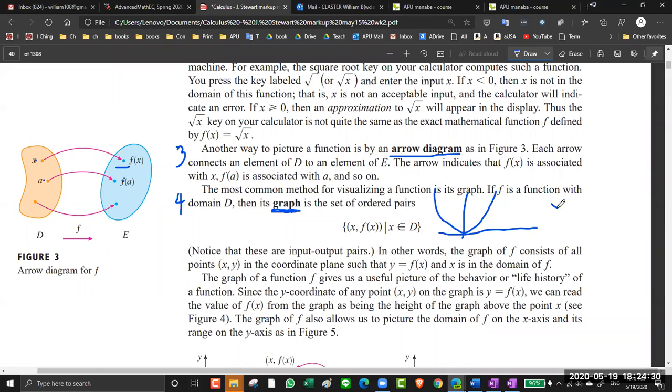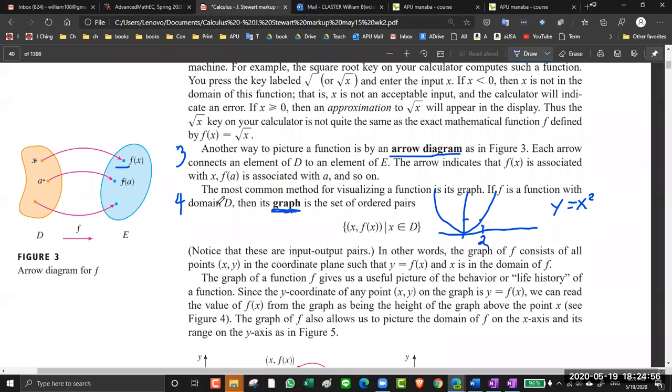Anyway, this also tells me how the function behaves. If I want to know what 2 gets mapped to, I can just go up to here and figure out what the height is, and that will tell me f of 2, or what 2 gets mapped to.